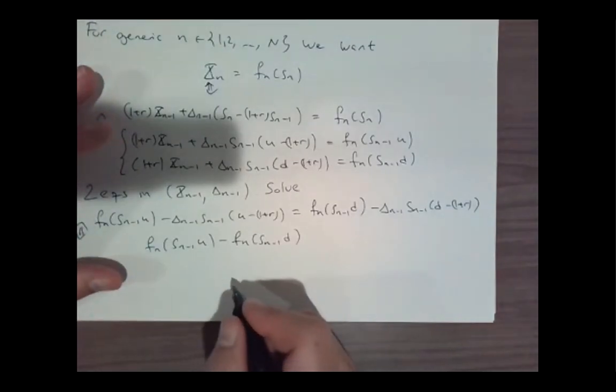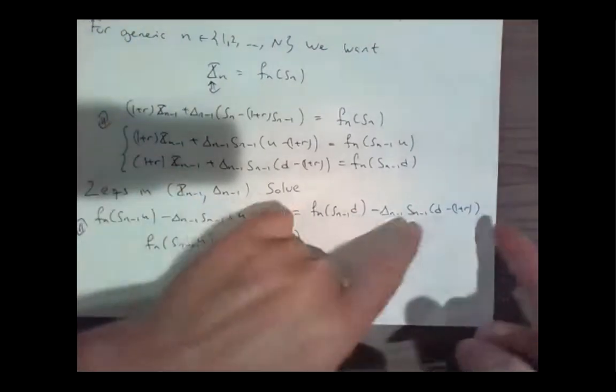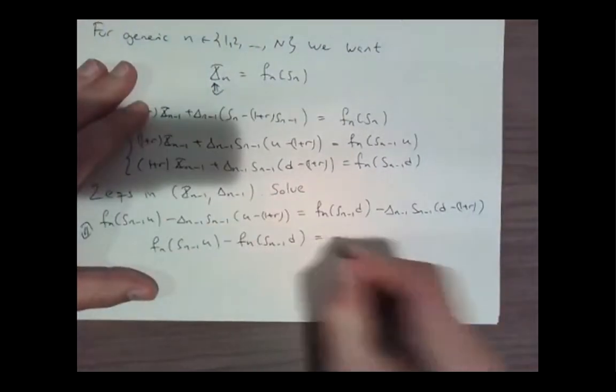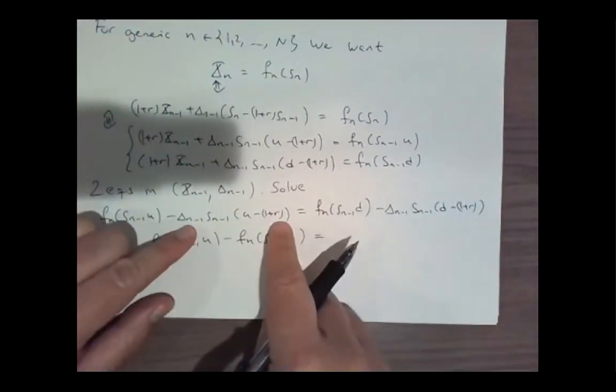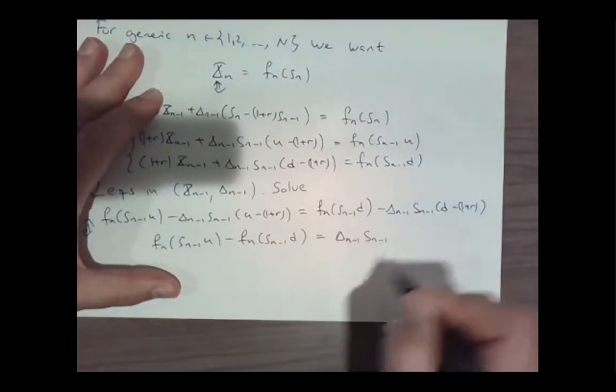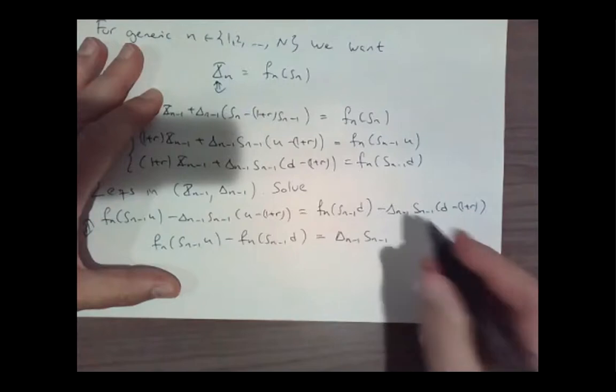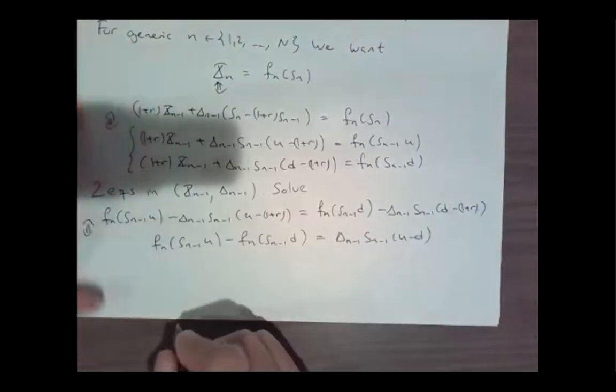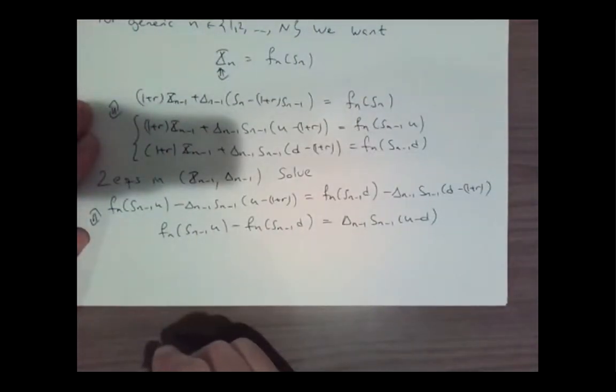Can I do this in one go? I'll move this to the other side. I don't think I can do this in one go. It's going to be confusing. Delta_{n-1} times S_{n-1}, and then 1 plus r will cancel. I'll get u minus d. And then I'll divide over.